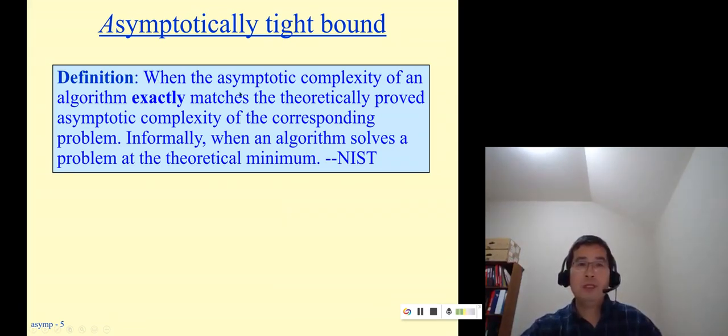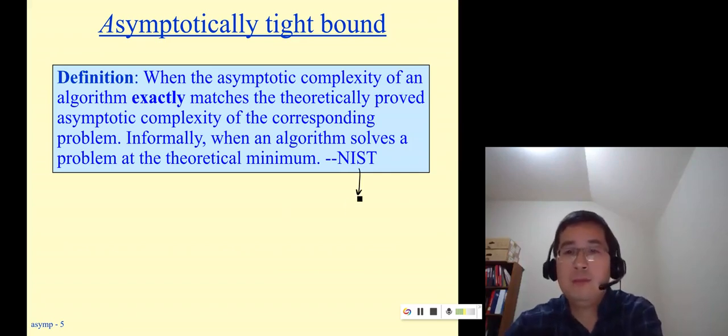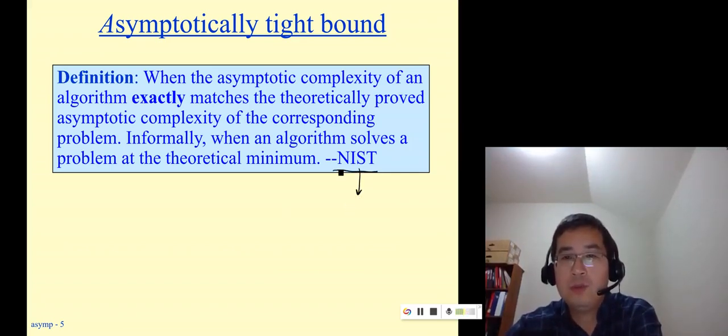When the asymptotic complexity of an algorithm exactly matches the theoretically proved asymptotic complexity of the corresponding problem, informally, when the algorithm solves a problem at the theoretical minimum. This definition is given by NIST, the National Institute of Standards and Technology, a government agency in Gaithersburg, Maryland.